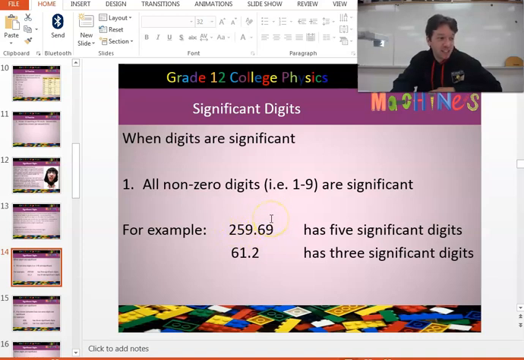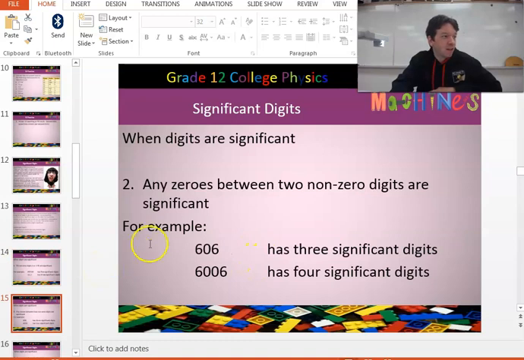There's 5 digits and they're all significant. 61.2, again, 3 digits, all significant. The next rule is that any zeros between 2 non-zero digits are also significant. Like 606. That zero is between 2 non-zeros, so it's significant. We have 3. And in this case, 4.